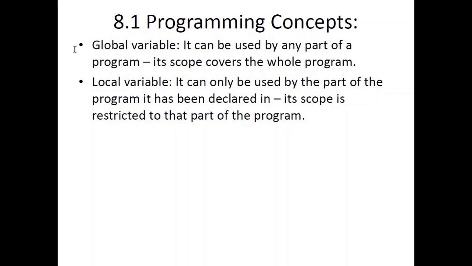Whereas a local variable is a variable that is declared or created to be used by a specific part of the program only, and as soon as that block or portion of code has run, the local variable ends, or its scope ends right then and there. It cannot be called or used by any other part of the program.